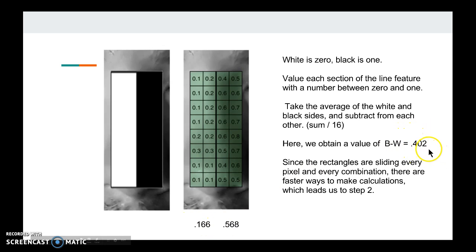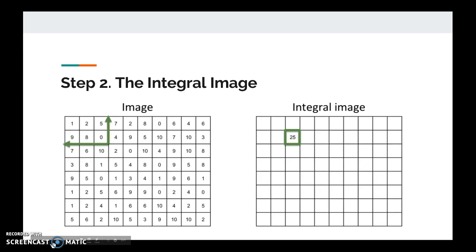In this case it's 0.4, or just over 0.4 at 0.402, which for this algorithm, it's good. Could be a positive detection for a potential facial feature.